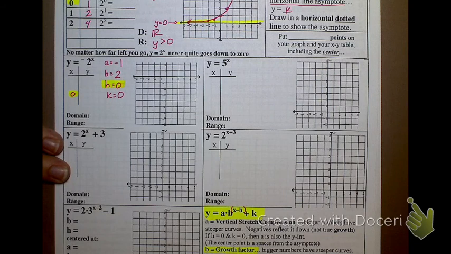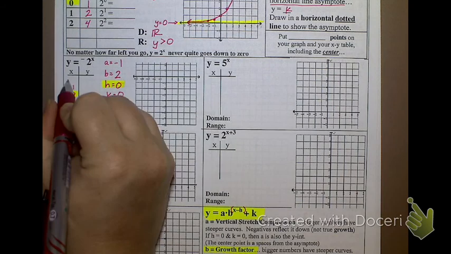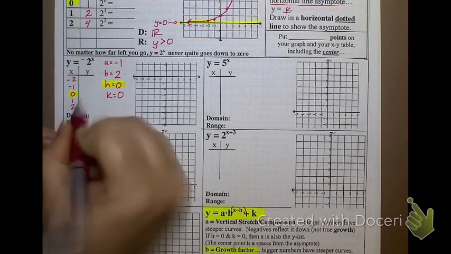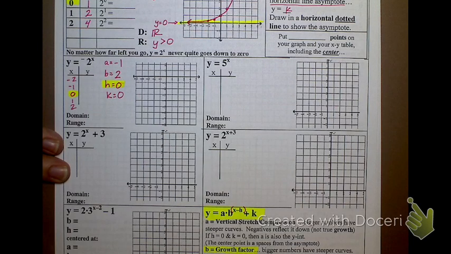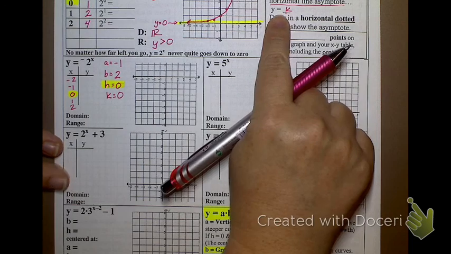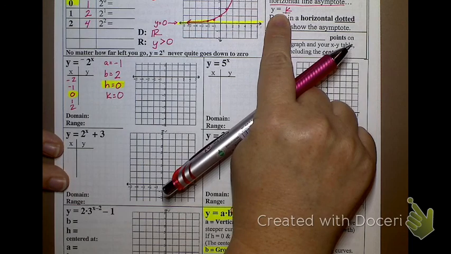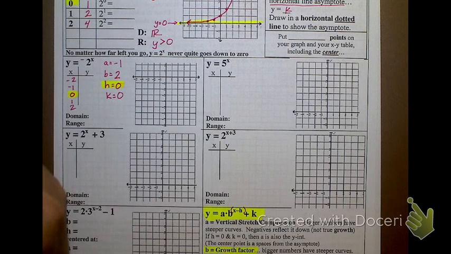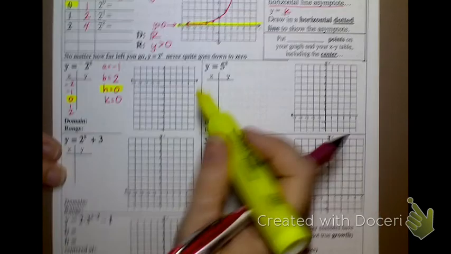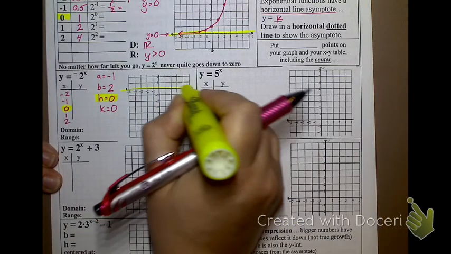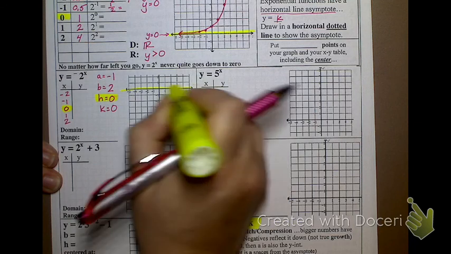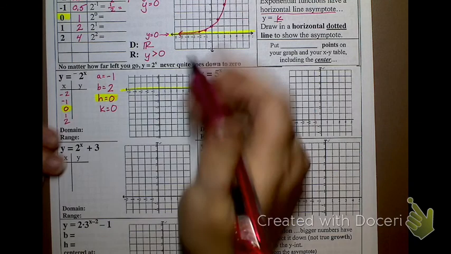And then we're going to fill in values around for the rest of it. What does K tell me? It's my asymptote. So did my asymptote move from the previous problem? Nope, my asymptote is still right here.